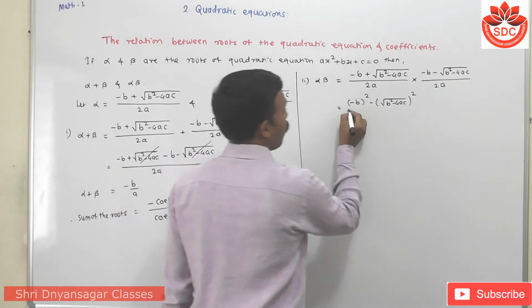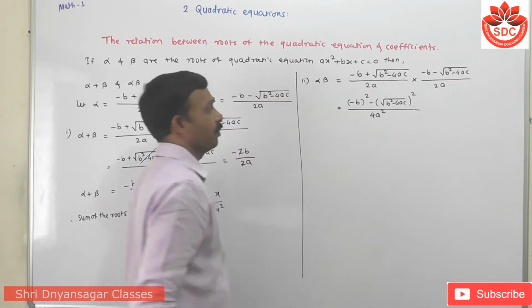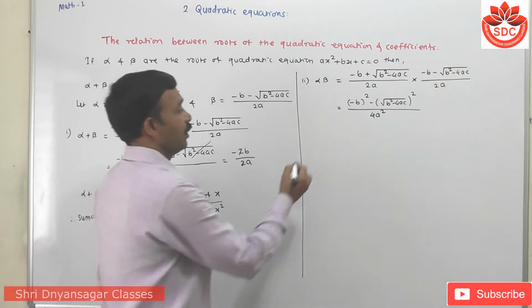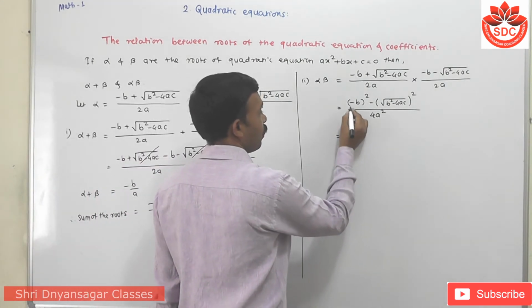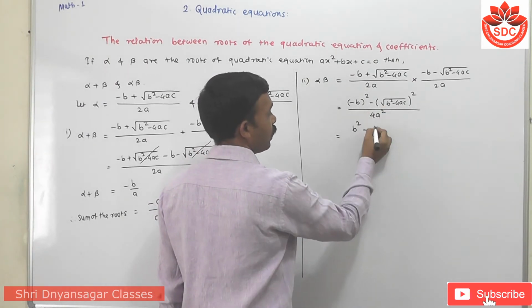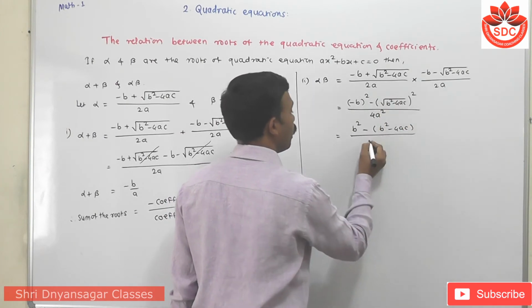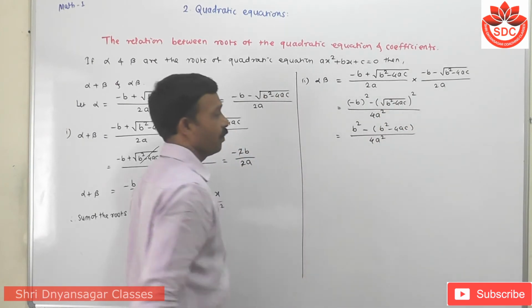upon 2a into 2a is 4a square. Then the squaring of minus b is plus b square, minus b square minus 4ac, this sign gets removed, upon 4a square.